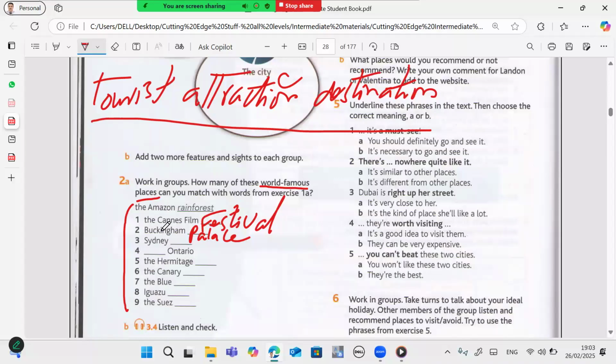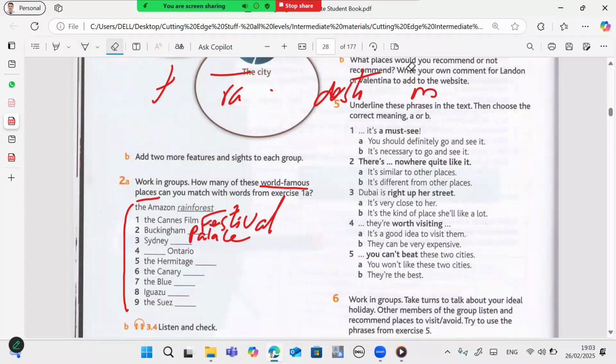This is in London, Buckingham Palace. Anyone who visits London, where do they go, guys? Buckingham Palace. Why? Because Buckingham Palace is the tourist attraction destination. The most tourist attraction destination. One of the most famous tourist places in London.